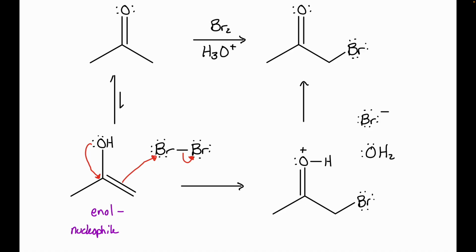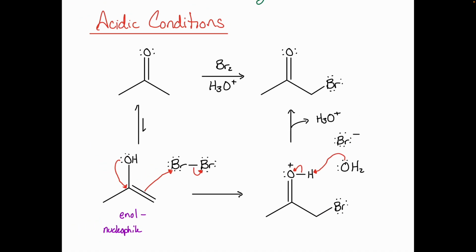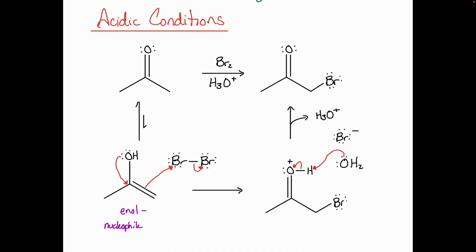Truthfully, depending on the text, you'll see both of these, but if we're being really correct here and using our proper base, it would be water that would be playing the role of the base, creating our hydronium ions, right? So rather than HBr being produced in aqueous solution, it's more correct to say it's hydronium and bromide that are produced in aqueous solution. All right, but we've halogenated that alpha carbon.